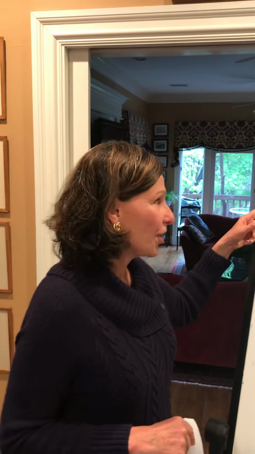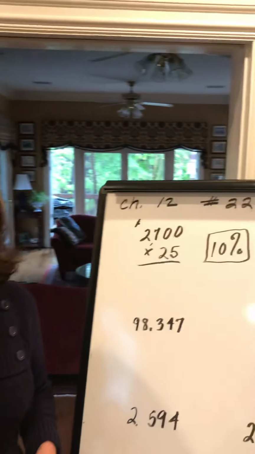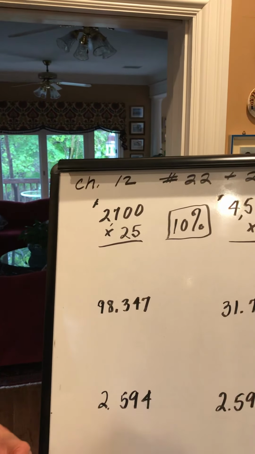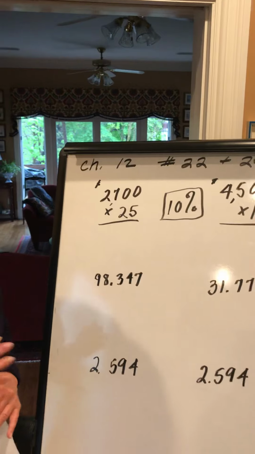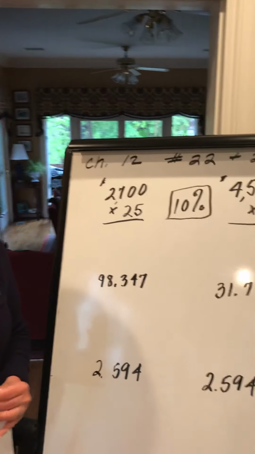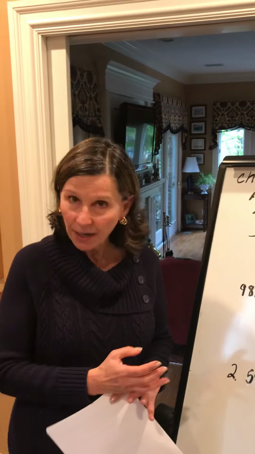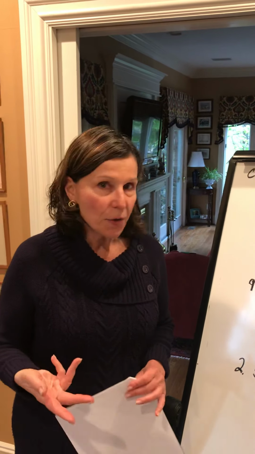First problem. So again, chapter 12, problem number 22. I really like this problem because it is about retirement. I know that you all are very young and retiring is the last thing on your minds, but the point of this whole problem is that if you start putting money in earlier, it's worth more.